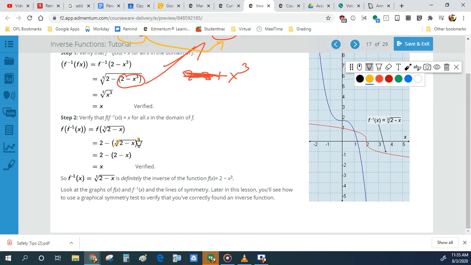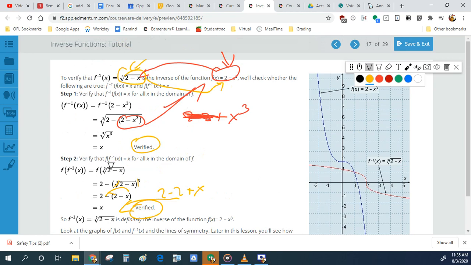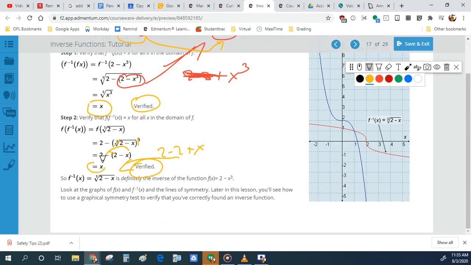And then after we distribute that negative, which they're not showing us, the 2 minus 2 plus x turns just into x, meaning that we verified it. We verified it one way and we verified it the other way. So that's a good way to verify if your inverse really is an inverse: plug the inverse into the function, plug the function into its inverse, and you should end up getting only x afterwards.